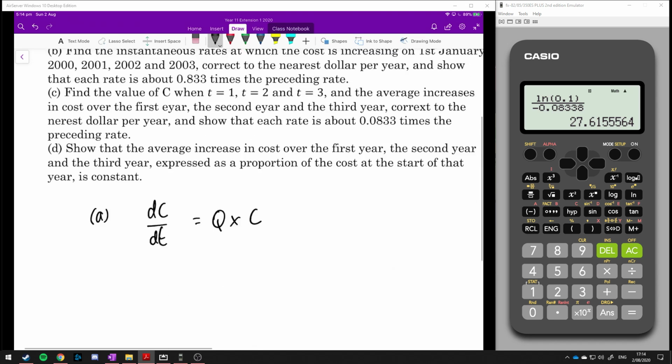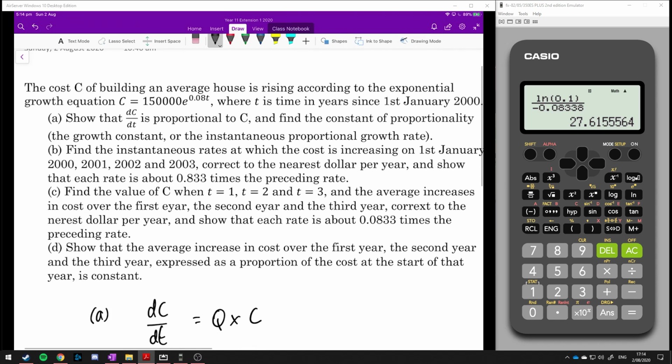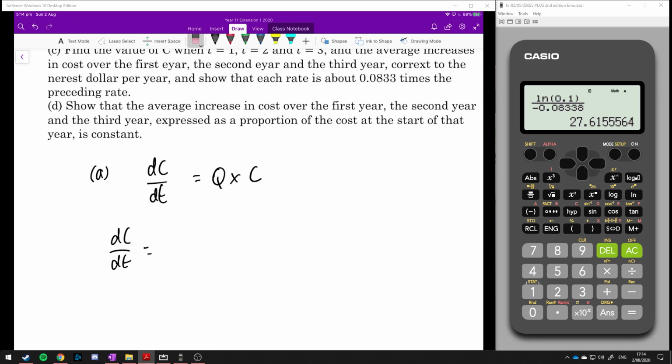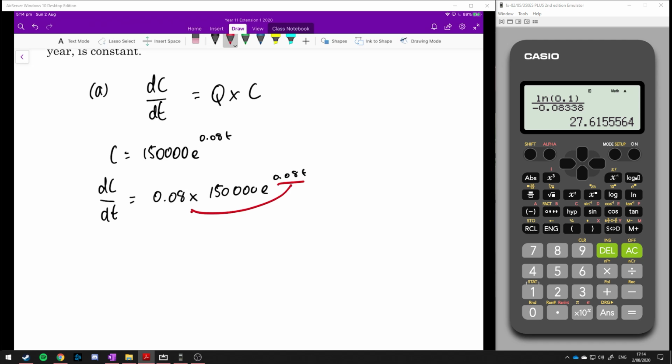So if we differentiate C with respect to t, let me just rewrite this down. If C is equal to 150,000 e^(0.08t), then dC/dt is equal to 0.08 times 150,000 e^(0.08t), because remember, the derivative of the exponent comes out the front.